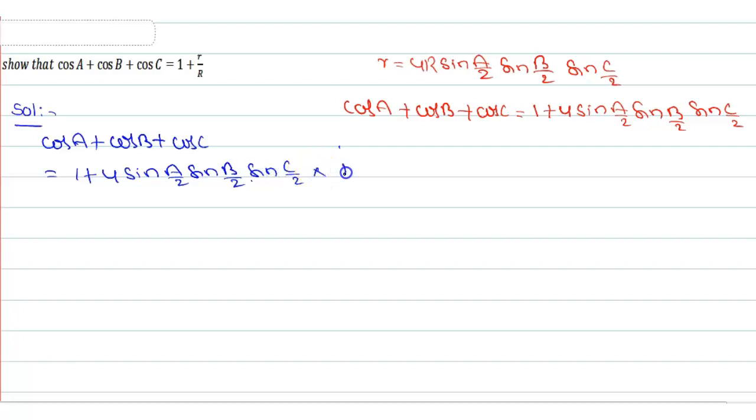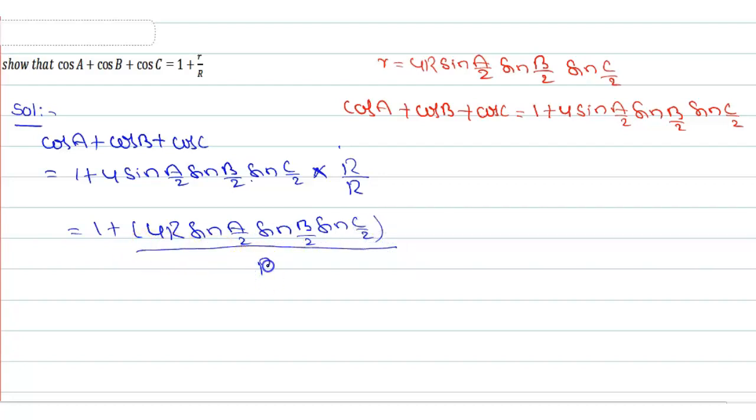For this, what I am doing here is multiplying and dividing with capital R. So this can be written as 1 plus 4R sin A by 2 sin B by 2 sin C by 2 by capital R. By the small r formula, the numerator is replaced with small r. So this is equal to 1 plus small r by capital R. This is the answer he is asking to prove.